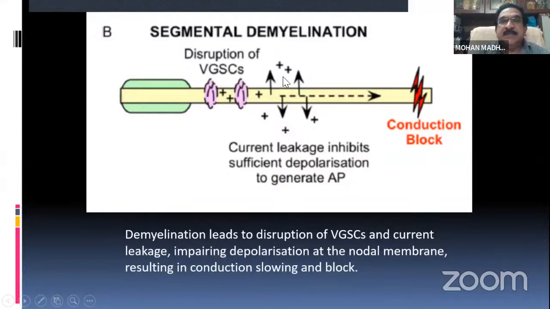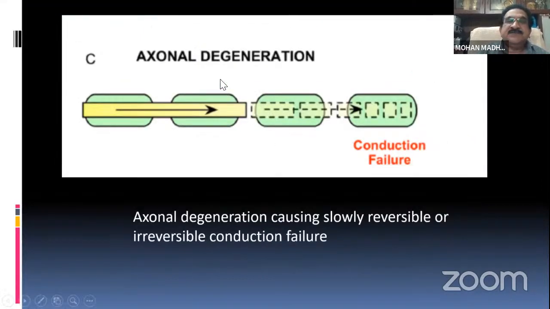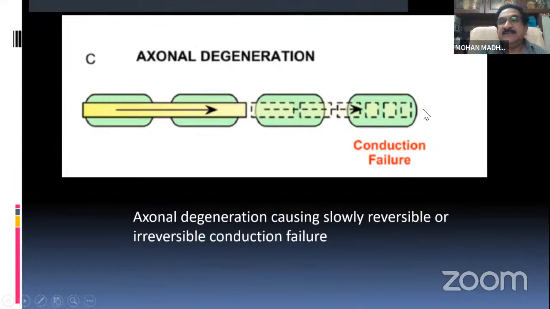The axon is denuded, but the axon is intact, which leads to disruption of the voltage-gated sodium channel and current leakage, the current escaping from the axon outward because it is not insulated. Whatever leaks out results in conduction slowing and block, that is why demyelinating neuropathies produce conduction slowing and conduction block. In axonal degeneration, the rest of the axon gets degenerated, so the axon is no longer able to conduct.